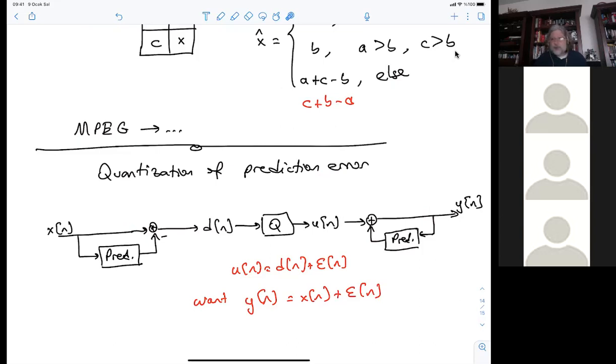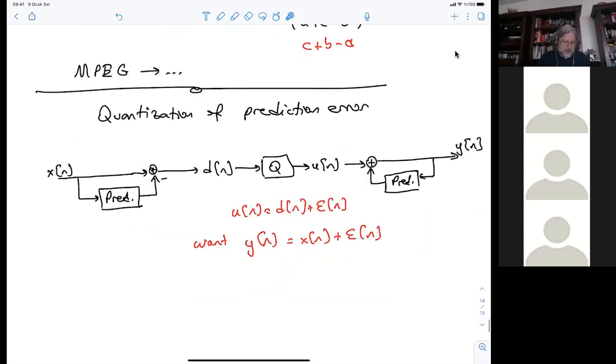So what are we going to do? How can we resolve this problematic situation? Well, what we can do is we can incorporate the quantizer into the prediction loop. We can put it inside the prediction loop in such a way that here the reconstruction uses quantized prediction error, U, as you see, and this prediction is also using the quantized prediction error.